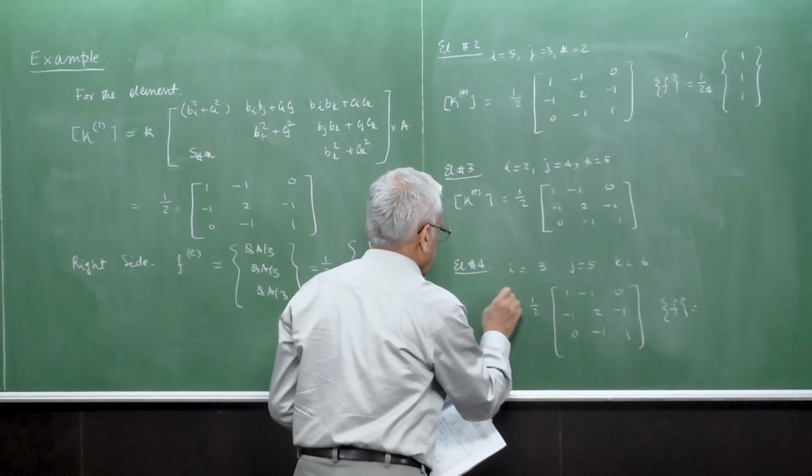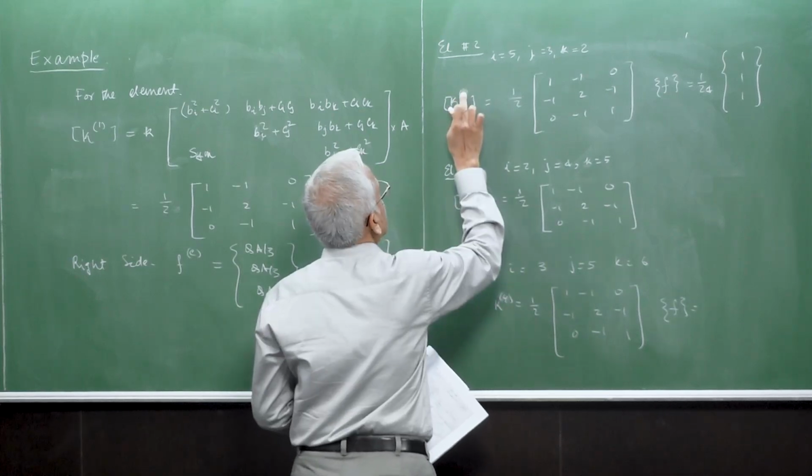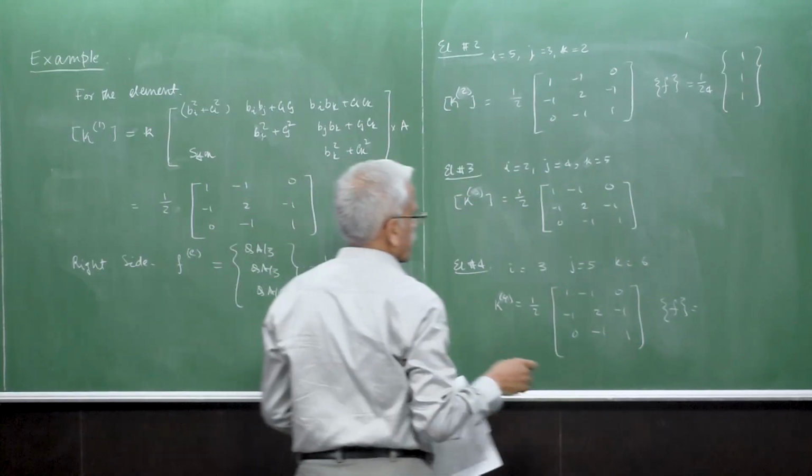K1, if you want, I'll write it 4, and this as 3, and this as 2, and this as 1. Okay.